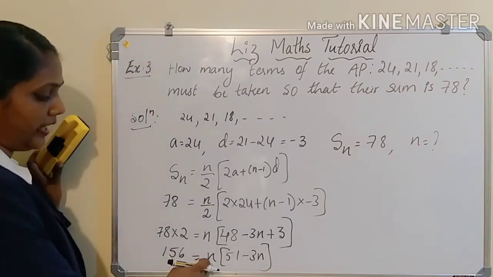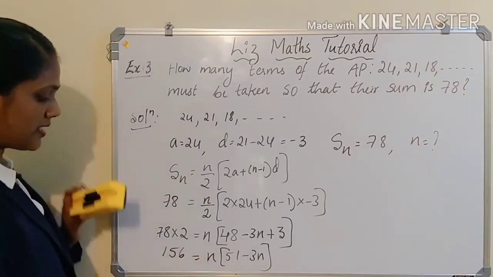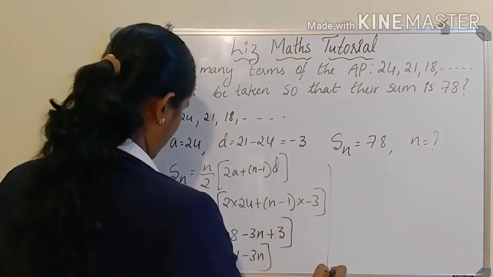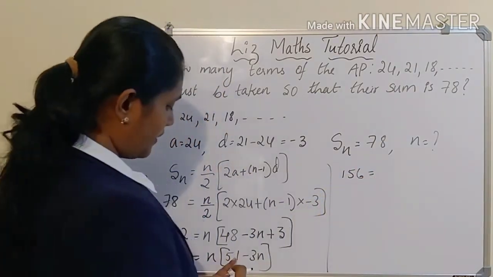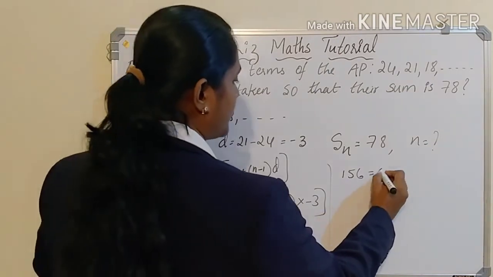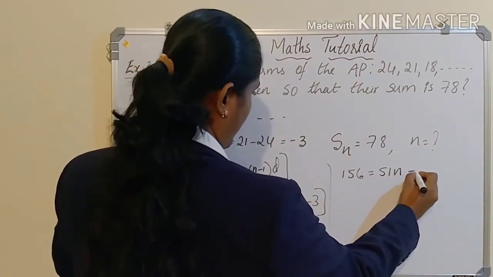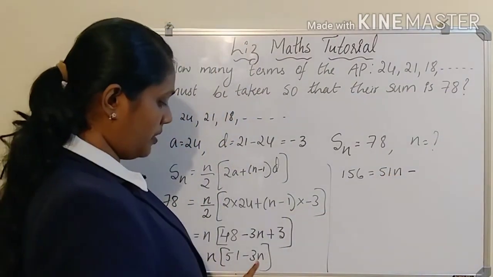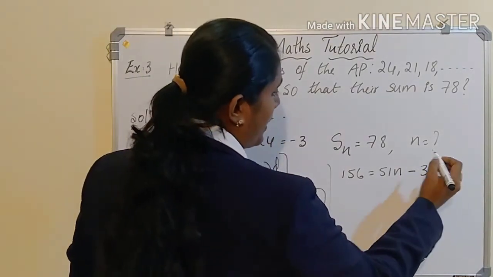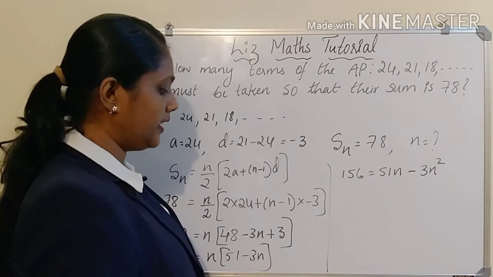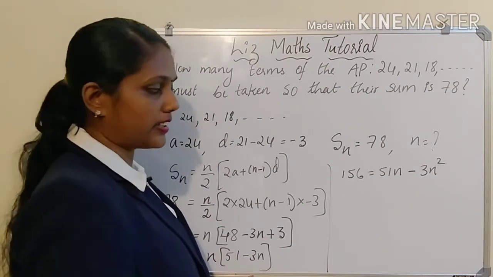Now here n is outside, take it inside and multiply it. Here 156 is equal to 51 into n, 51n minus 3 into 3n into n, that gives you 3n square, isn't it? n into n square, that gives you.